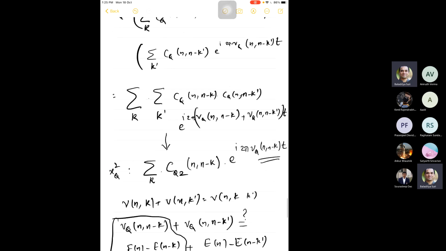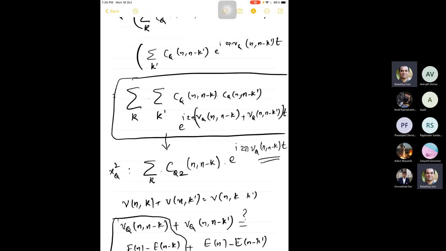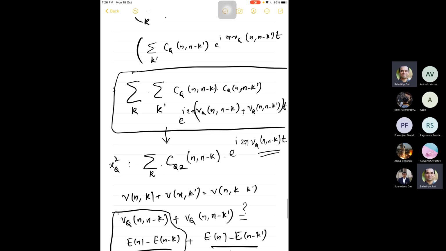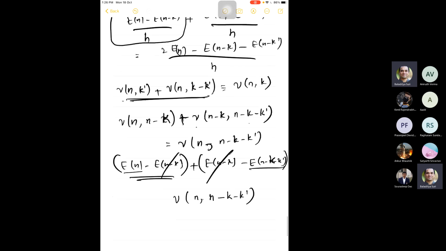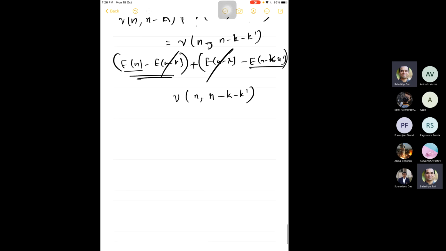So now if you look at this expression here, which is the quantum Fourier series expansion for the classical Fourier series, you should have this. I'm going to write down the answer and I want you to work it out. We will come back to this in the next class, okay?